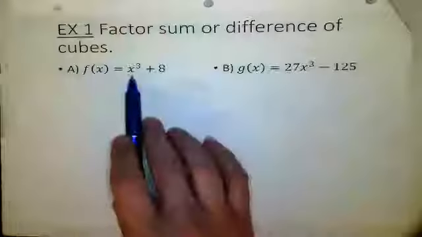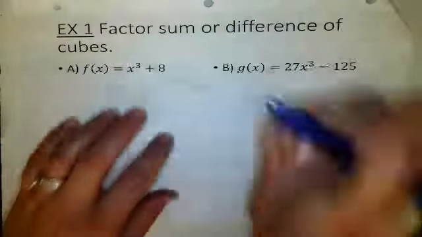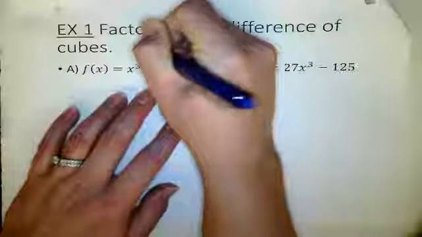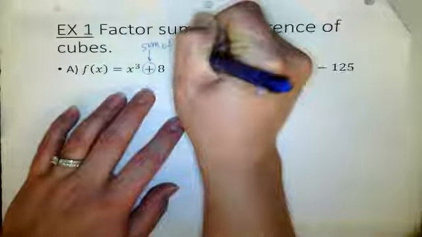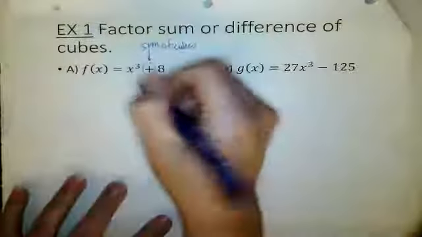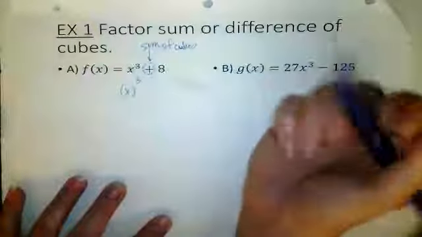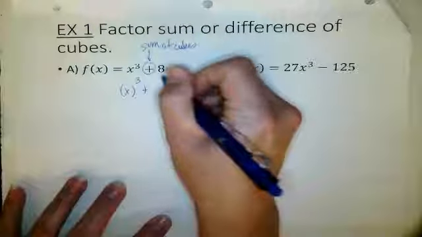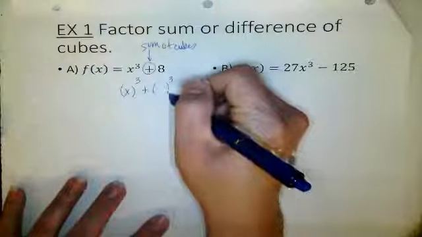So here is x cubed plus 8. Do you think this is called sum of cubes or difference of cubes? This is sum of cubes. All right, and what we want to know is we need to figure out the bases first. And so, well, x cubed, the base would just be x being cubed. And what cubed gives you 8? 2.